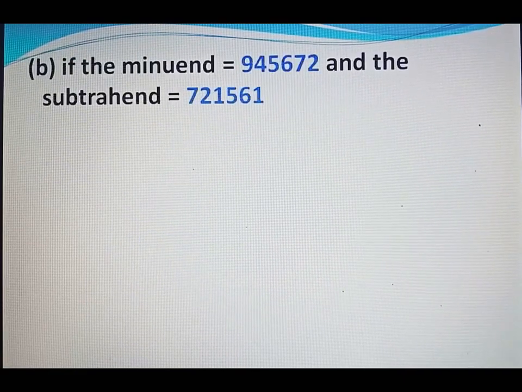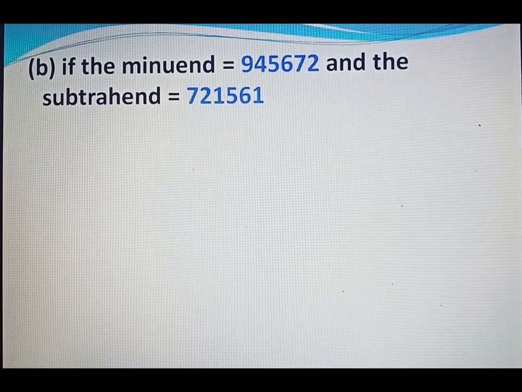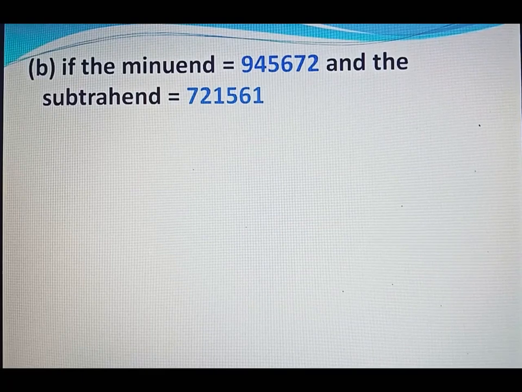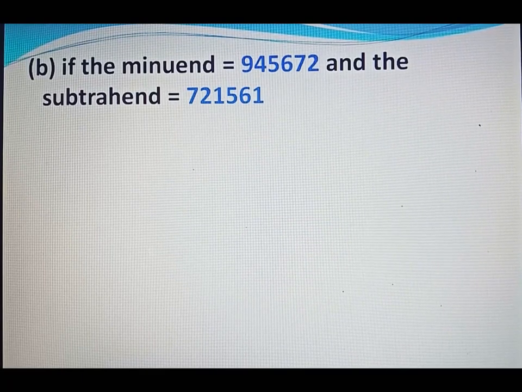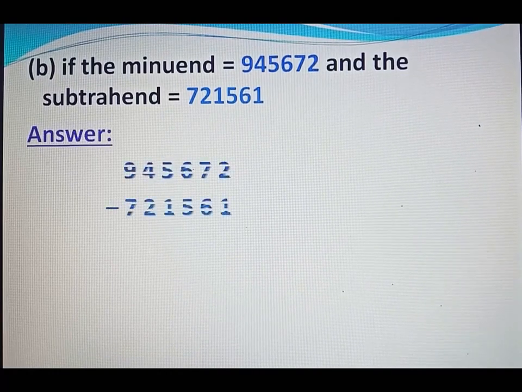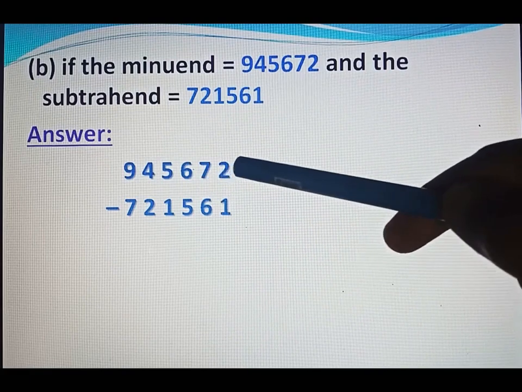B part. If the minuend is 9,45,672 and the subtrahend is 7,21,561. Answer. Again we will write the numbers in columns, that is 9, 4, 5, 6, 7, 2.